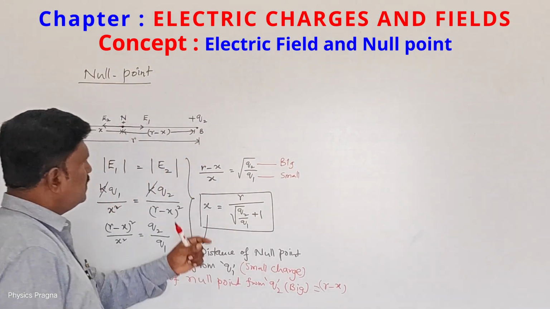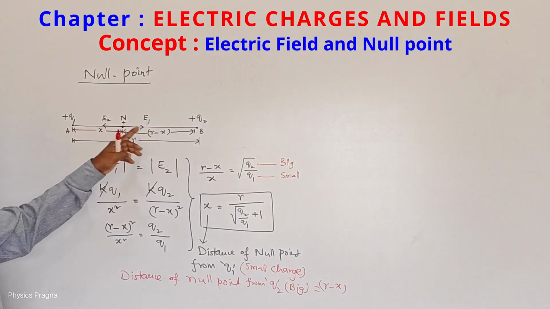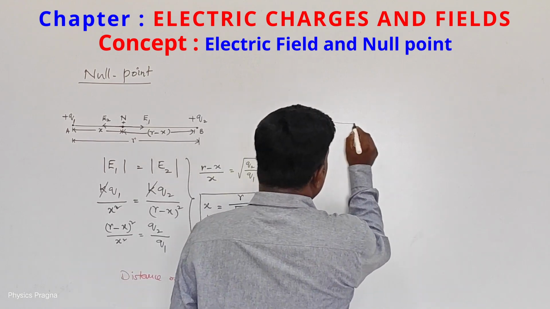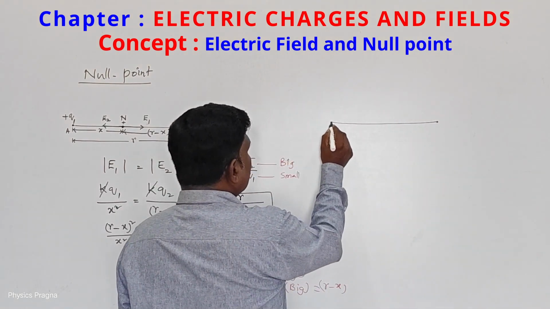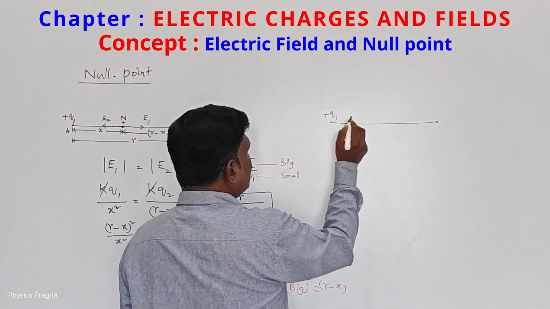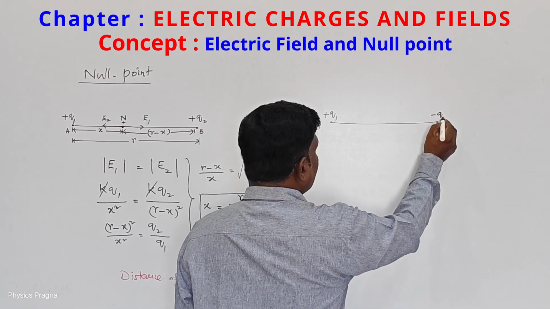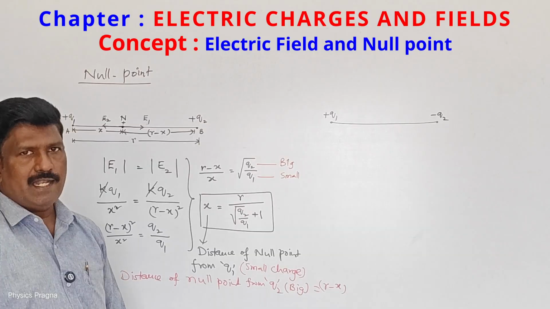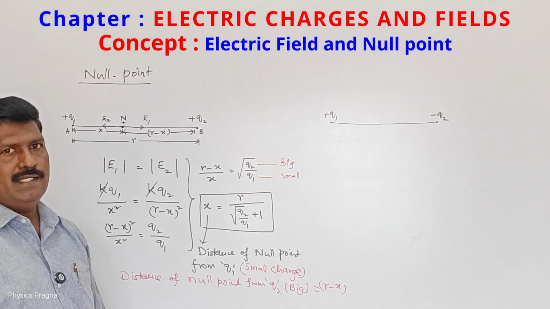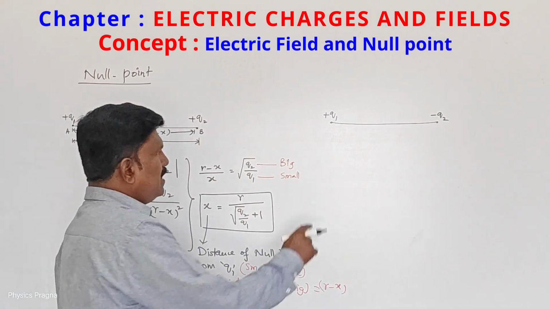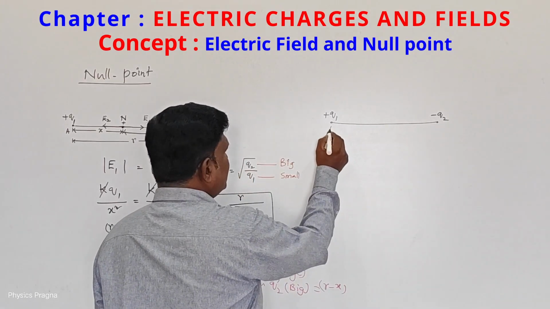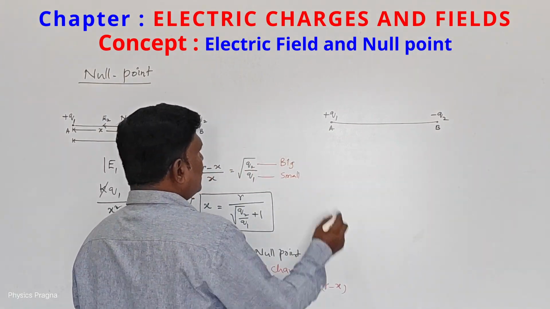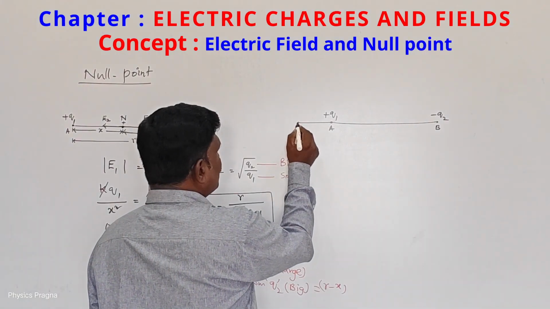This was the case where like charges are there. If unlike charges are there here, this is plus Q1, this is minus Q2. You remember, always the null point will be outside the system of charges. This is the system of charges. This is position A, this is position B. The distance between them is R. The null point is always outside.